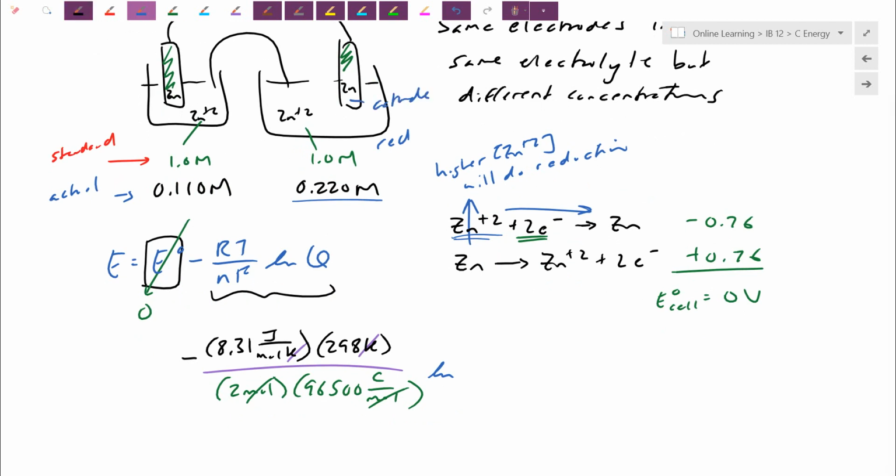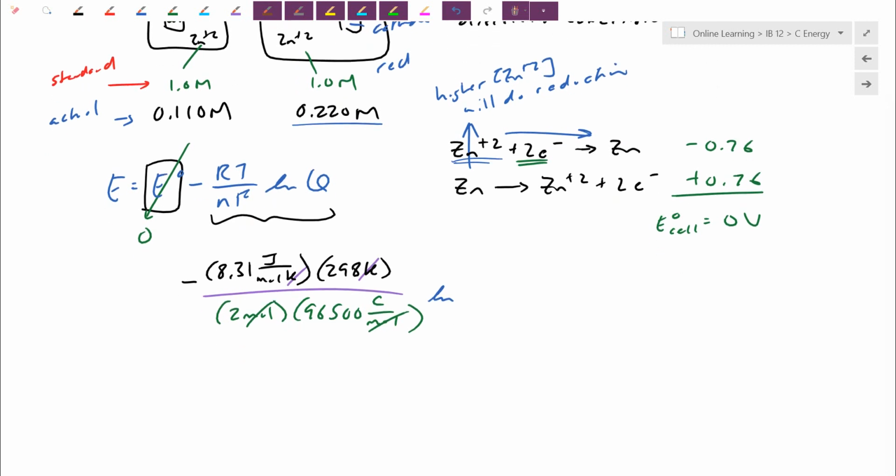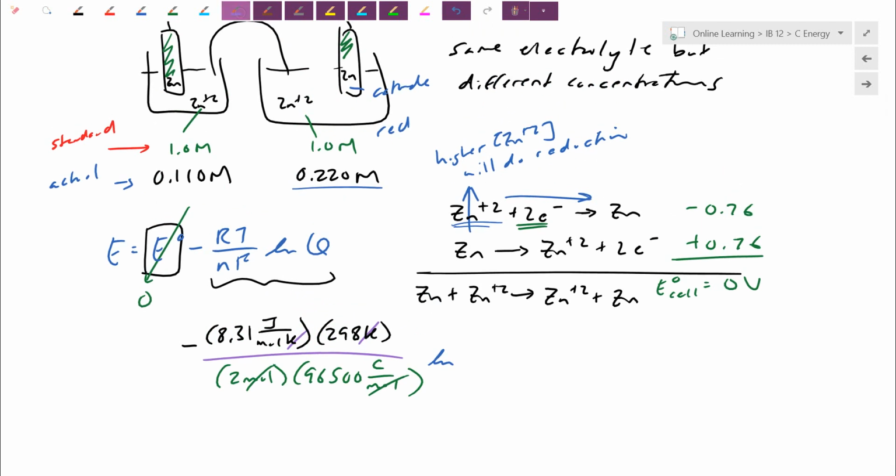So although the balance equation looks exactly the same, let me just actually write it out. So for this reaction here, when zinc runs into Zn 2 plus, becomes Zn 2 plus, there is no net reaction. However, we remember half the reaction is occurring here, half the reaction is occurring here.